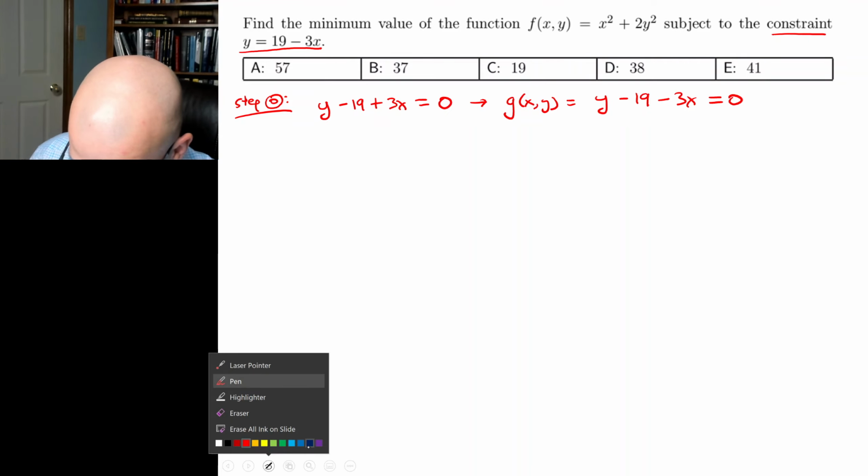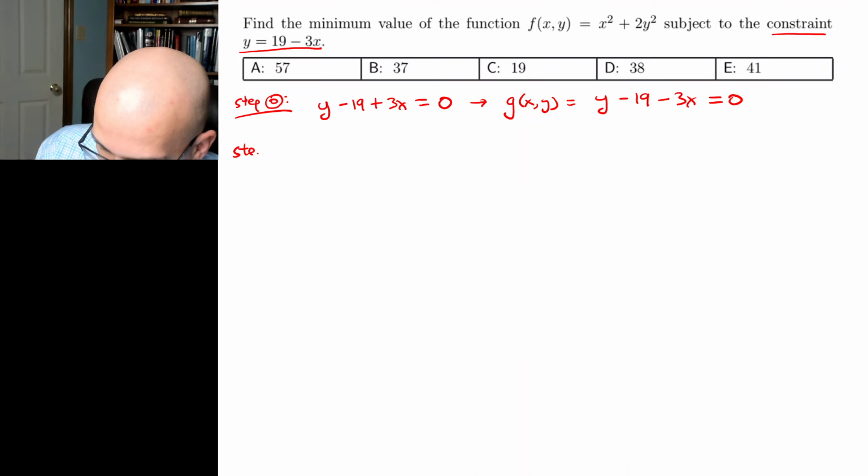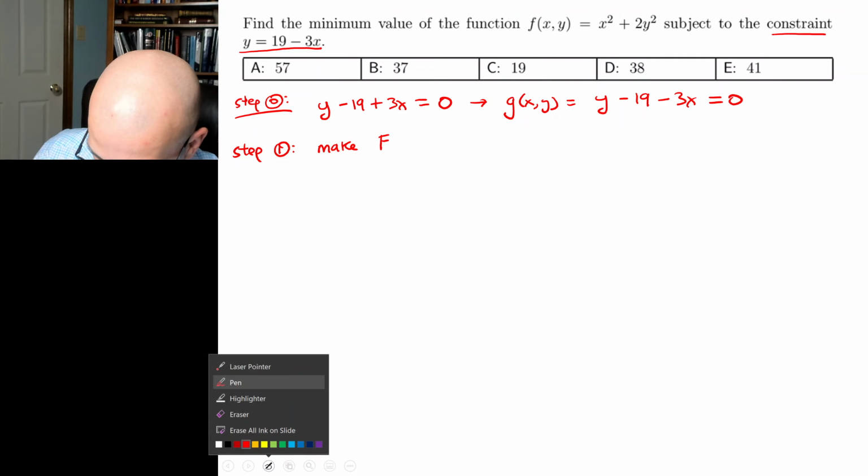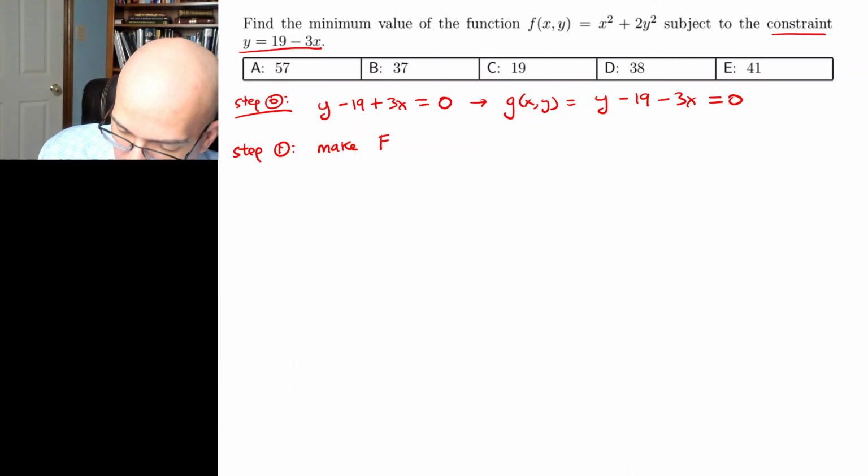Now we go to step 1. Make f. So f is equal to our objective function plus lambda times our constraint.